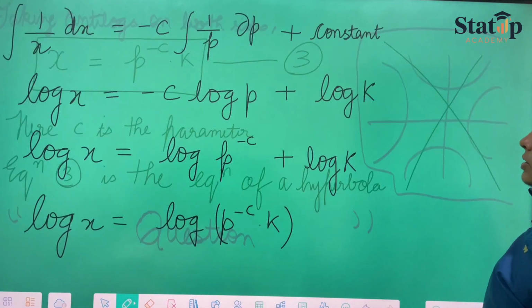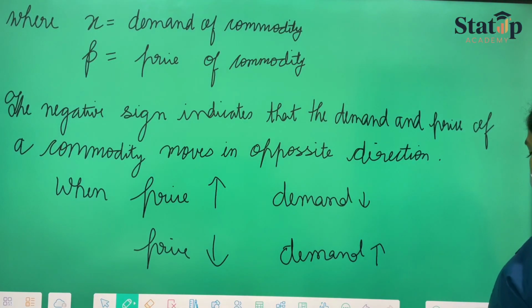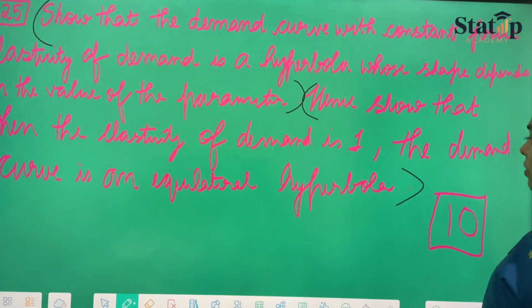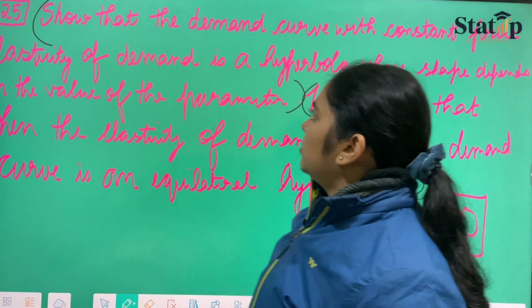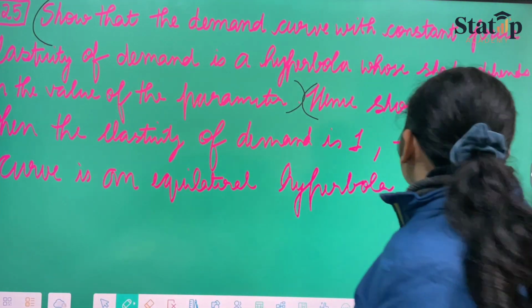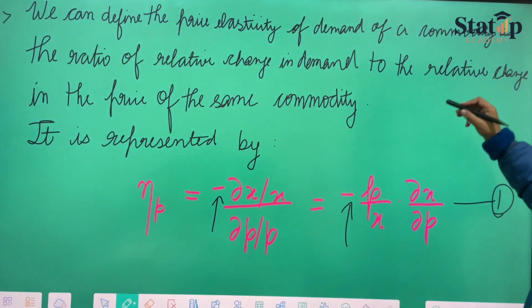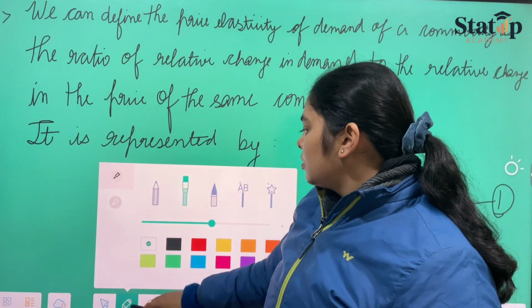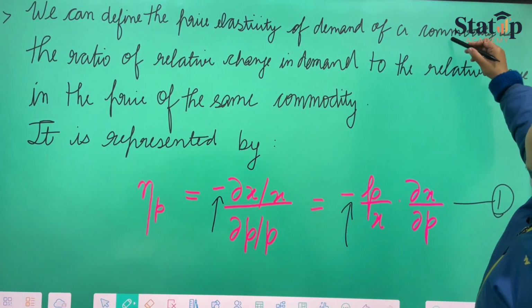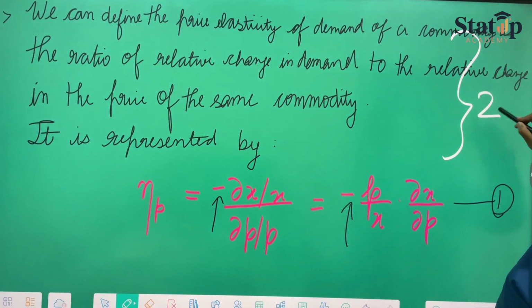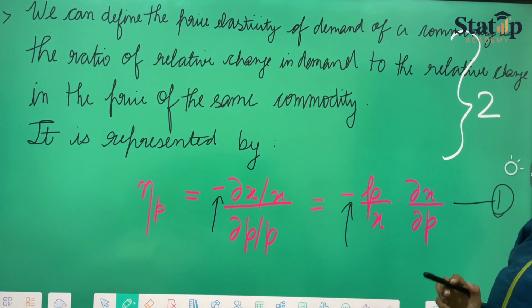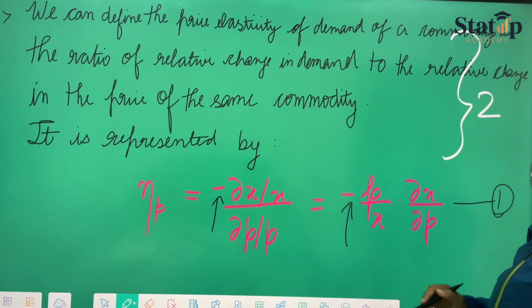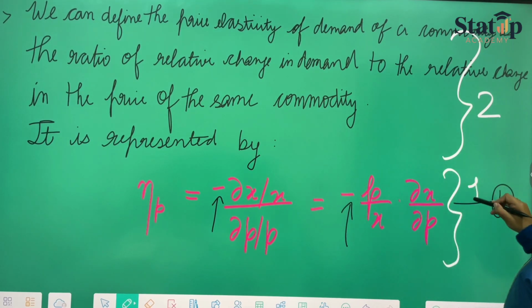Now dividing the marks. This question was of 10 marks, so we'll divide the marks. First of all, 2 marks will be provided for the right equation, for the right definition. Then 1 mark for the right formula of the price elasticity of demand.